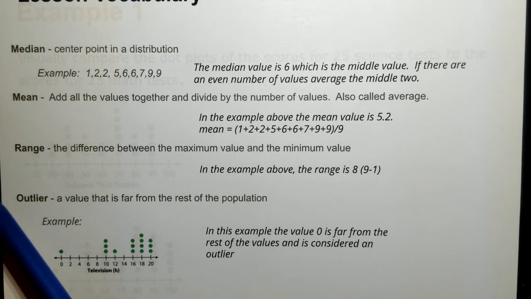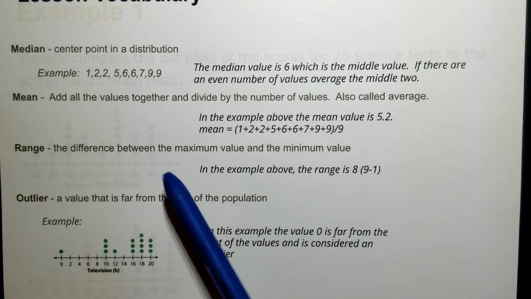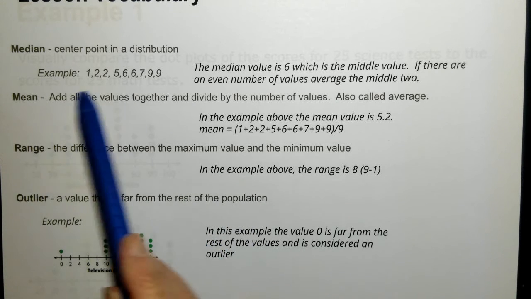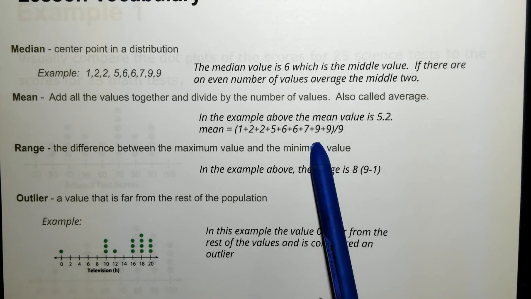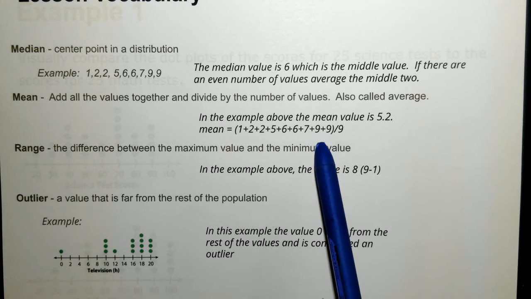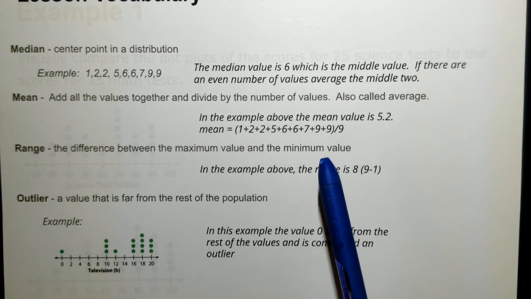The mean is another way to describe the middle of the distribution, and this is where you add all the values together and then divide by the number of values. So in the same 9 numbers, we add all of the numbers together. We get 47, I think, and we divide by 9, and we get 5.2.